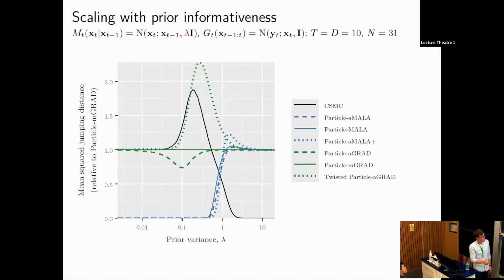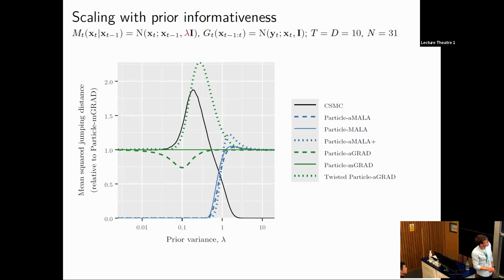So here's a picture of what this looks like. This is again the state space model that I showed you, but now note this lambda here. That's my prior variance. If lambda is small, then my prior is really informative. If lambda is large, then my prior is really uninformative.